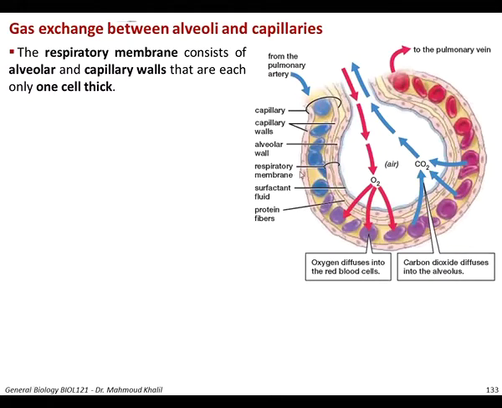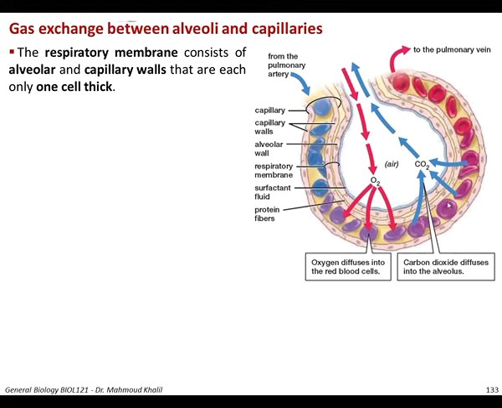Okay, continuing about the gas exchange, let's have a closer look inside the alveoli. So actually, where is the respiratory membrane here? The respiratory membrane consists of two layers: the alveolar layer, as you can see, and the capillary wall.